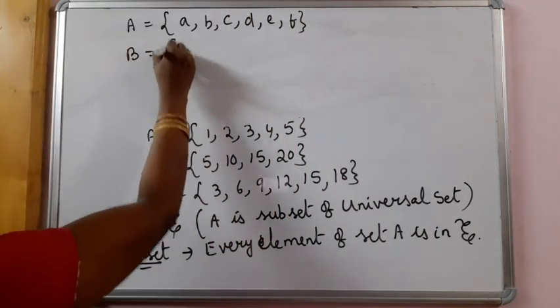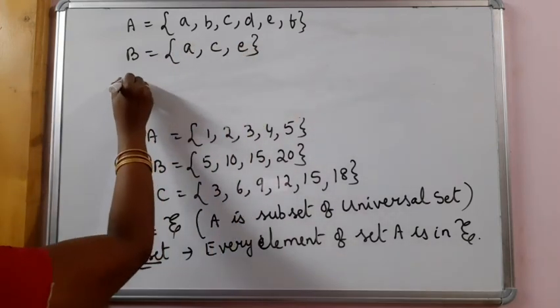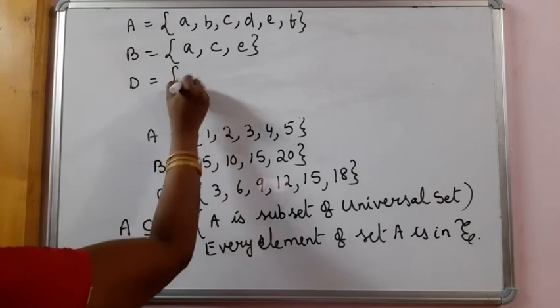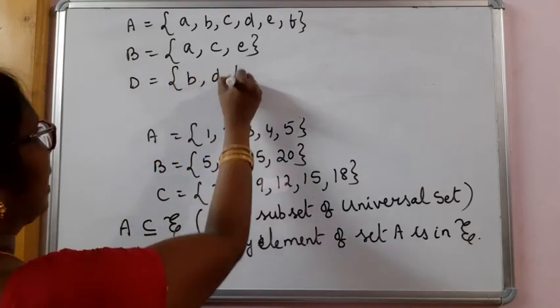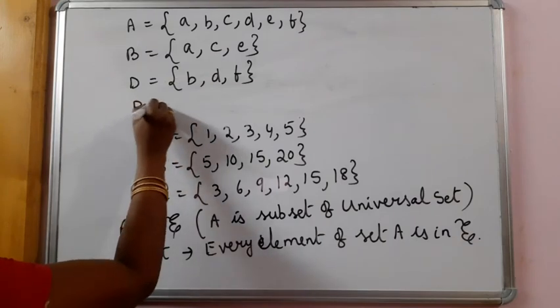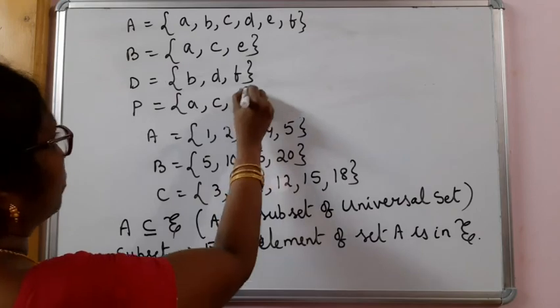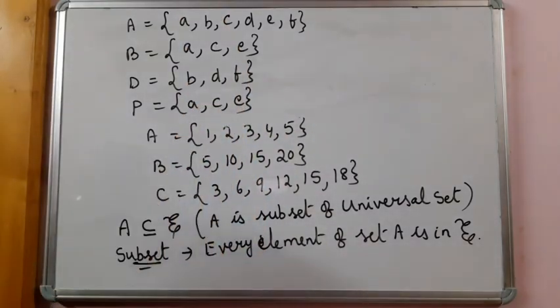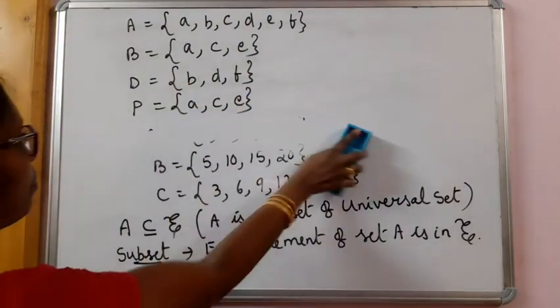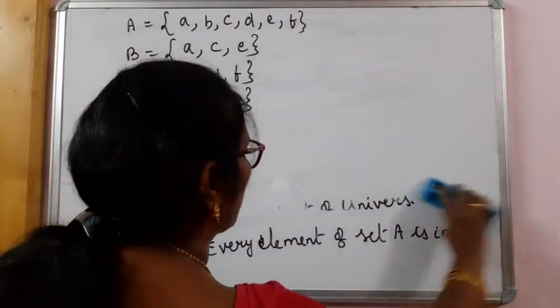B has a, c, e. D has b, d, f. And the set P has a, c, e.